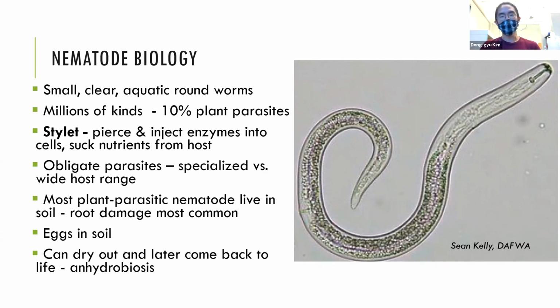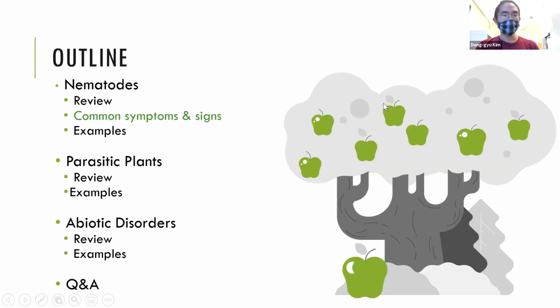This is more of an extreme case, but it's really indicative of how difficult it is to deal with some of these plant parasitic nematodes. So with that out of the way, I'll move on to discussing some of the more common symptoms and signs of nematode infestation in your plots or greenhouse operations.